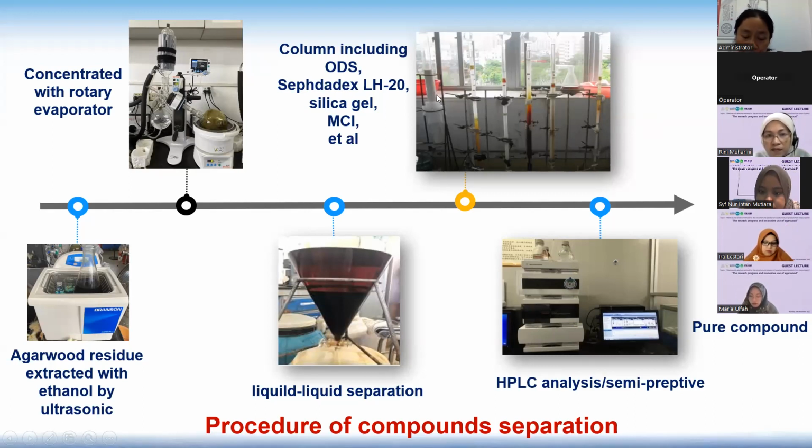Here, this is the ODS column, and all of this here is the Sephadex. And for HPLC, we usually use analytical HPLC to analyze first, and then use semi-preparative HPLC to separate them.